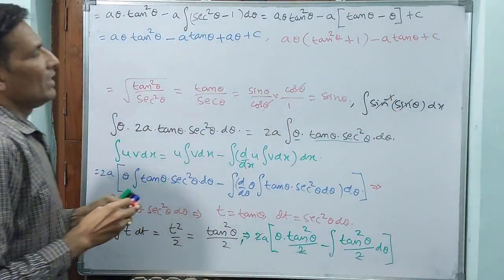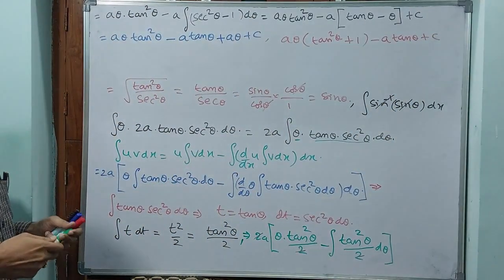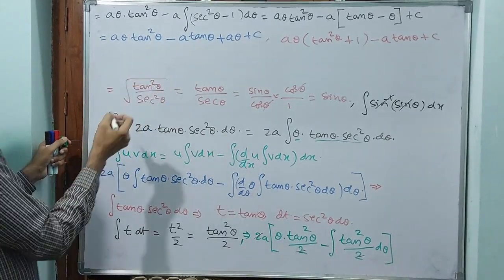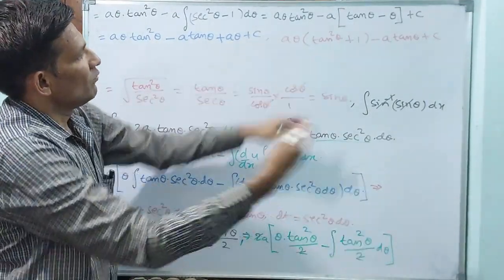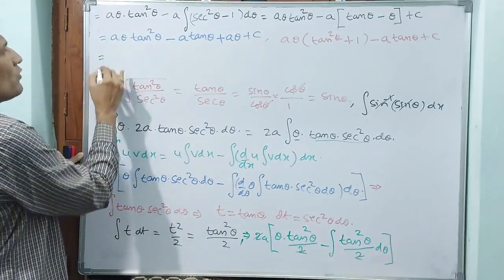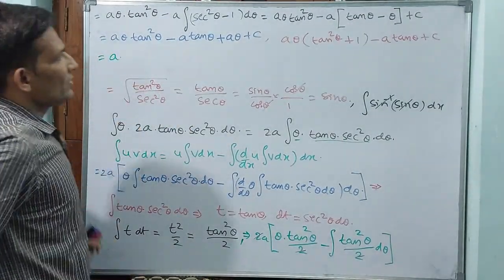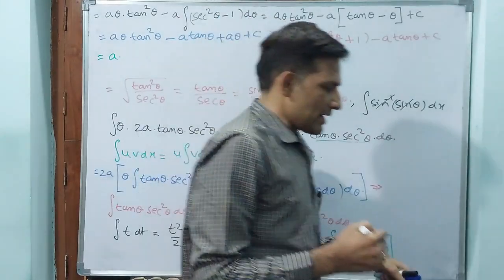Shall I write tan square theta plus 1 as secant square theta? No, don't write, because only tan square theta we have converted. That we can write easily, or else we are going to make a mistake. I am going to write a into the theta value and tan square theta value.